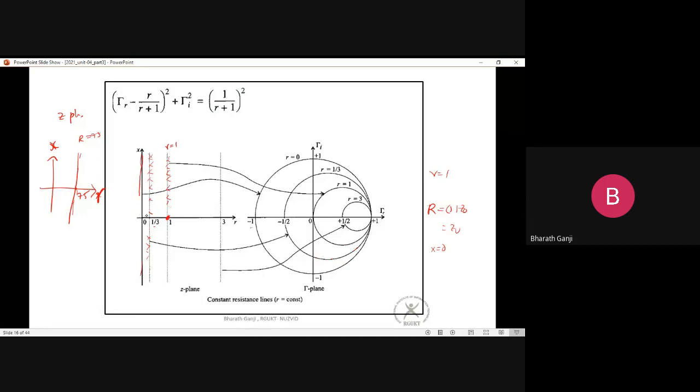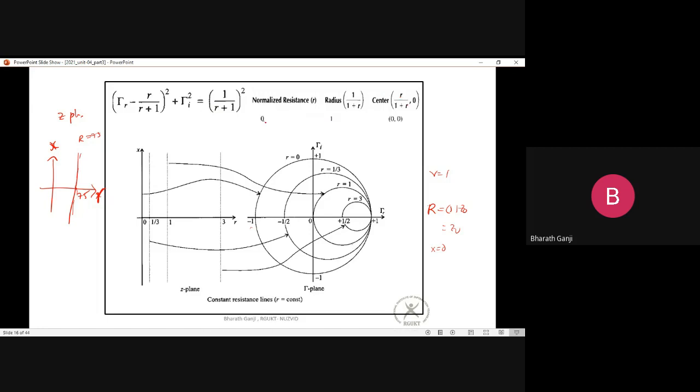Let us take the first circle. Here I choose the normalized resistance value r. The corresponding circle radius will be 1/(1+r), and the center of the circle will be at r/(1+r), 0.